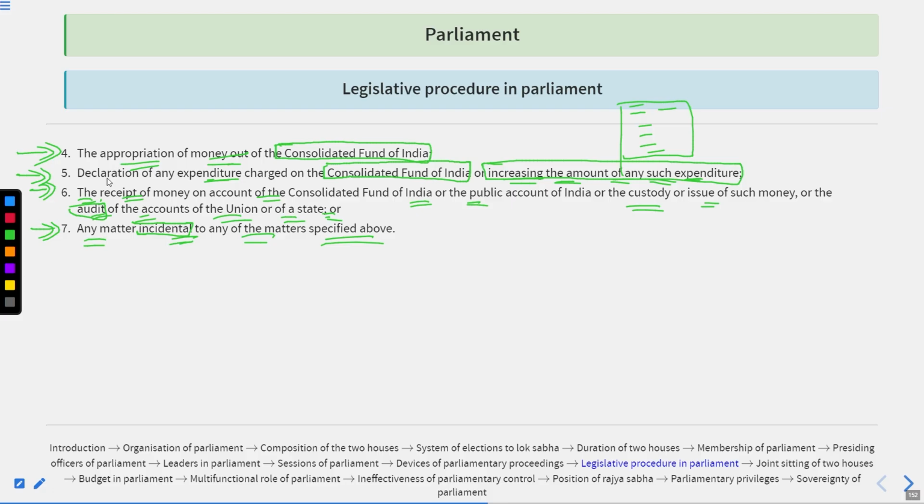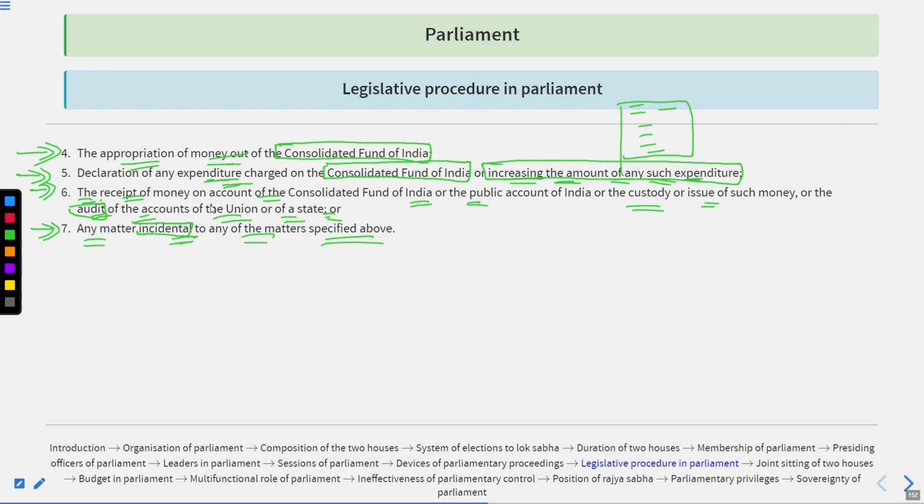Thereafter, the appropriation of money out of the Consolidated Fund of India, declaration of any such expenditure chargeable on the Consolidated Fund of India or increasing the amount of any such expenditure.